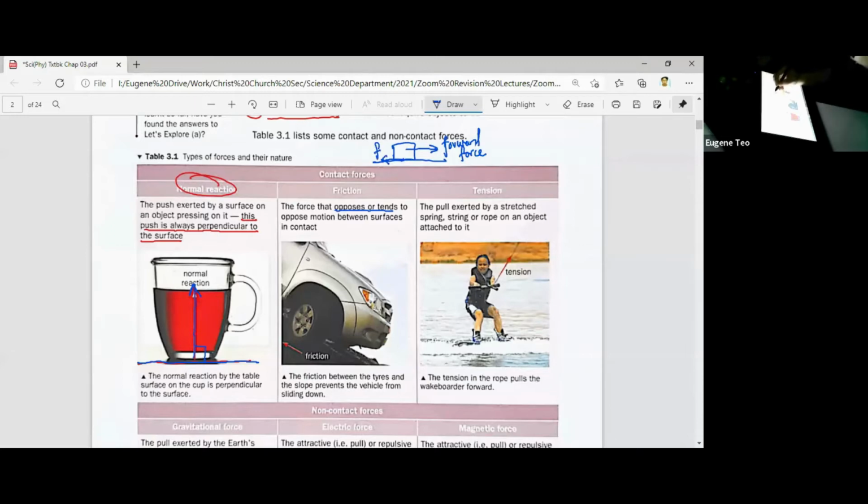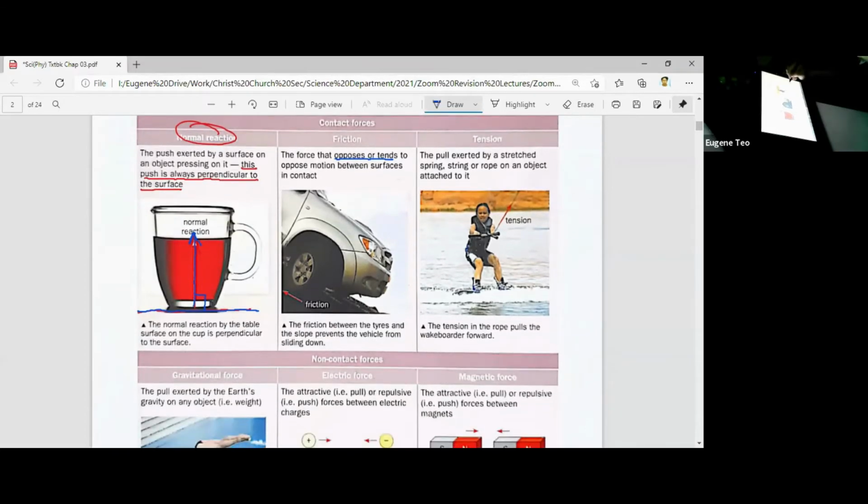So this is the friction force. It's always along the surface. How you draw it, where you draw it, will make a difference. And the last contact force identified here is tension. Typically, it's a rope or a string where you will find this idea of tension. Those are the three contact forces.